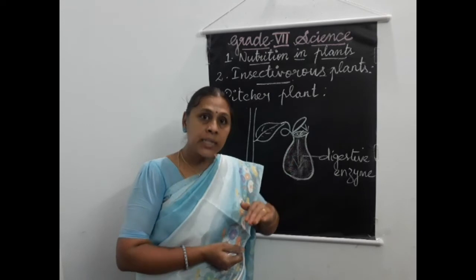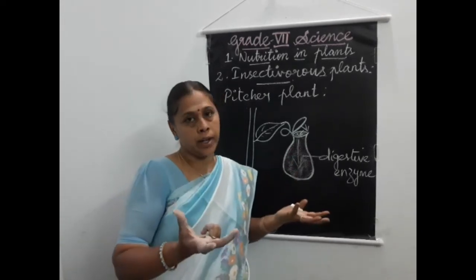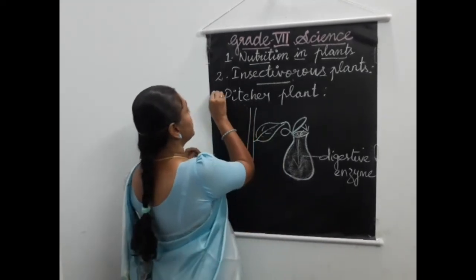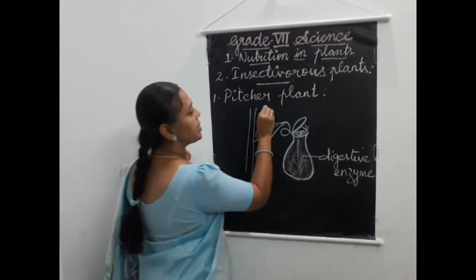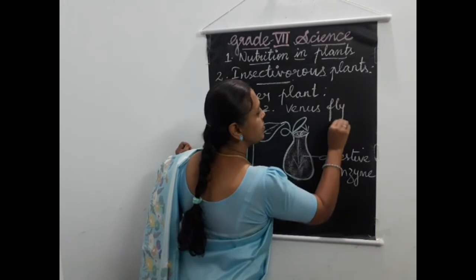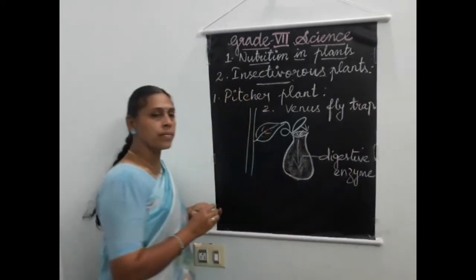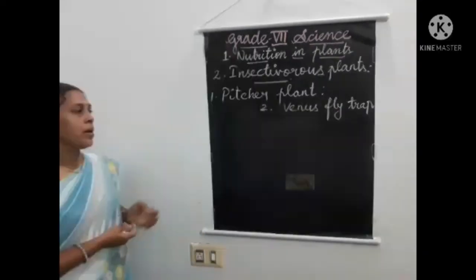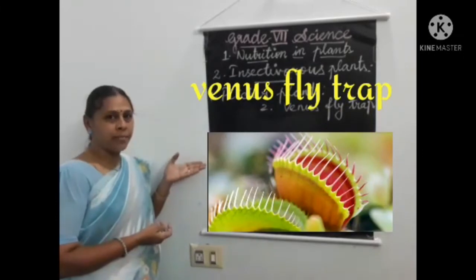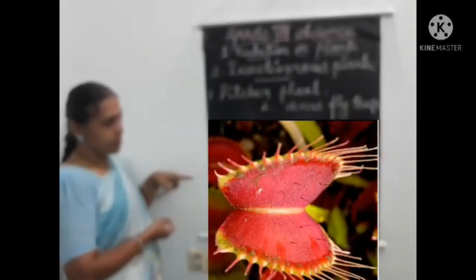And there is another type of insectivorous plant. It looks very beautiful in colors, green and red. That one is the second example, Venus flytrap. Now, I think you can see the Venus flytrap plant. Can you see the two lobes here?